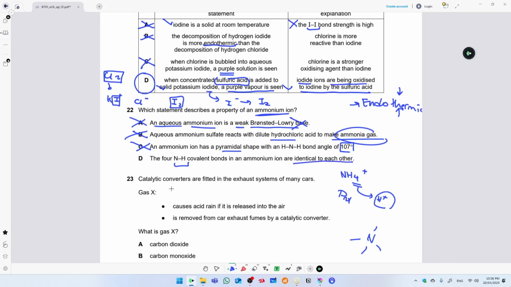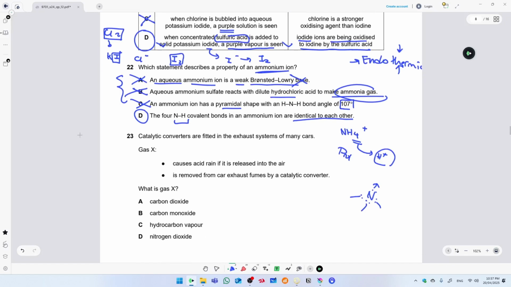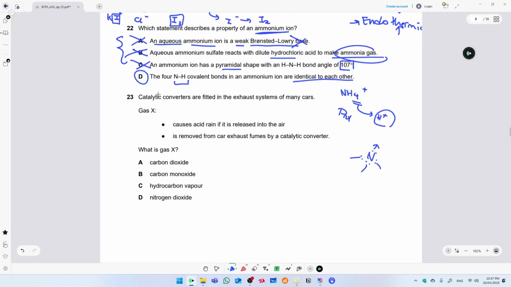Although yes, it has one dative covalent bond, they are all identical though they share 2 electrons. So even if you're not sure about D, all the others are completely wrong. So you can either choose your answer by proving the answer you're thinking of, or by disproving the other options, which is basically elimination.